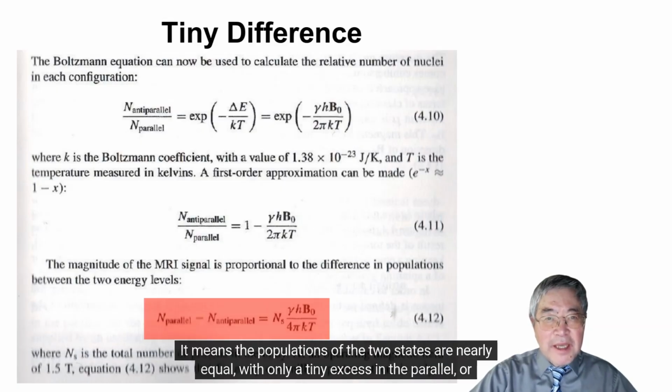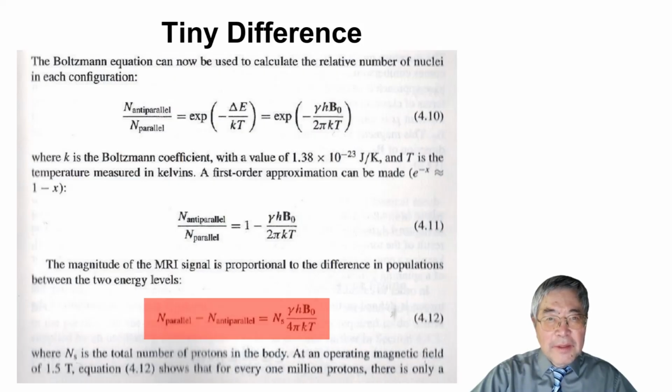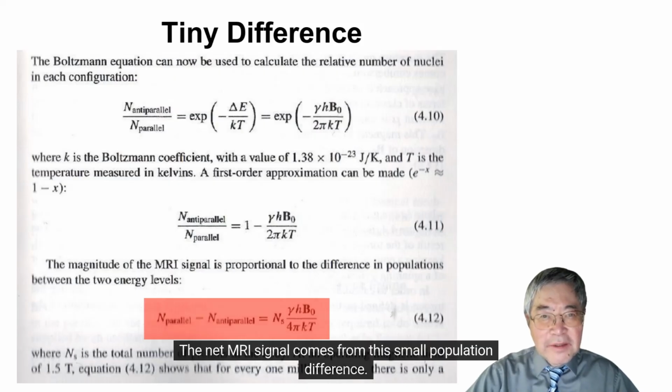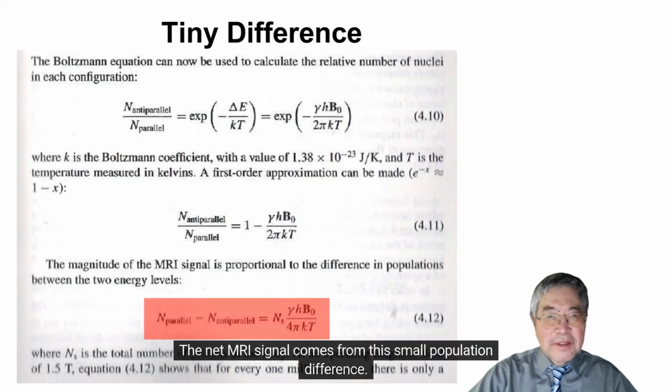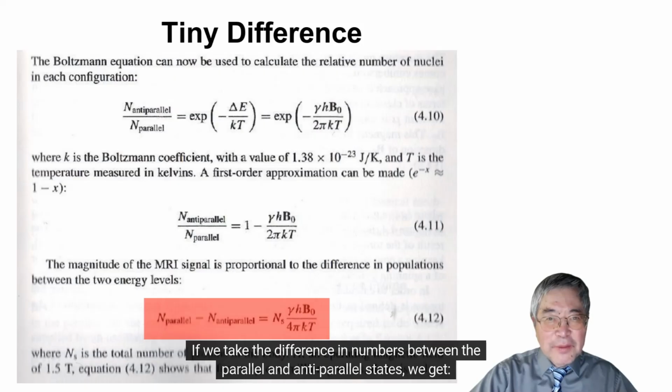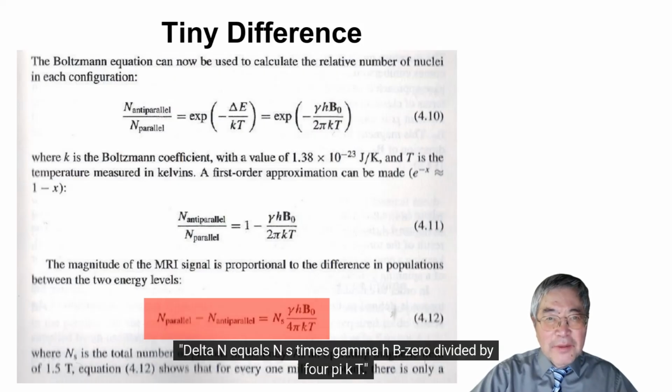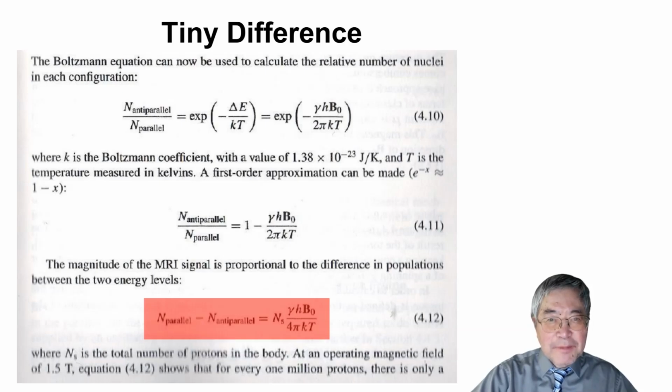What does this mean in practice? It means the populations of the two states are nearly equal, with only a tiny excess in the parallel or lower energy state. The net MRI signal comes from this small population difference. If we take the difference in numbers between the parallel and antiparallel states, we get delta n equals Ns times gamma h B0 divided by 4πkT.